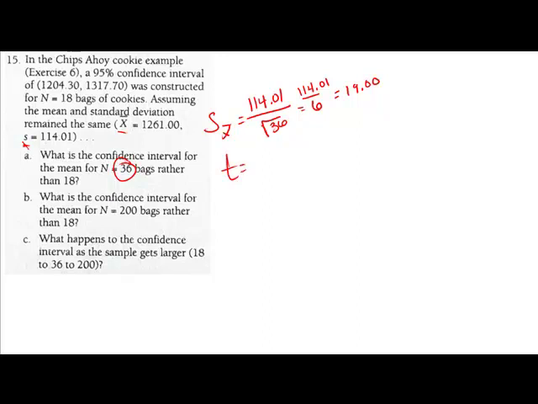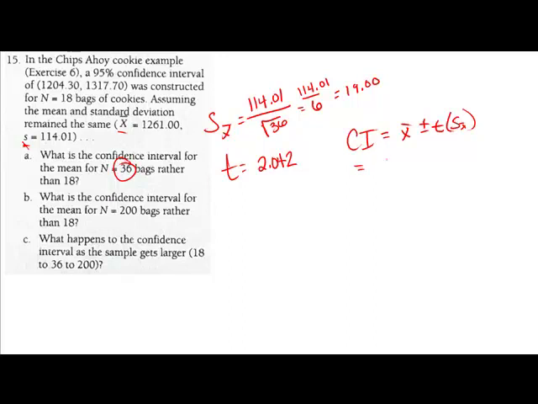My critical value for t, and 36 isn't in my table, so I'll use 2.042 as my critical value. So my confidence interval equals my mean plus or minus t times my, oops, wrong letter, S, my standard error.